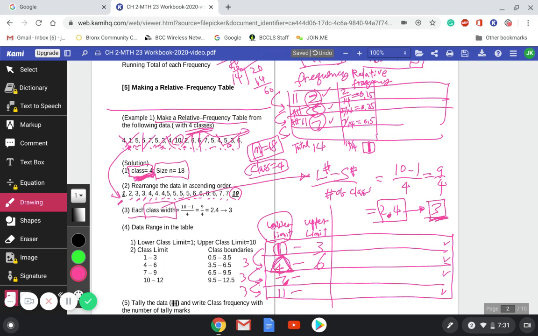So any data 1 to 3 belongs to the first class, and any data from 4 to 6 belongs to the second class, and that was 7, right? And this should be 10. Okay. And usually the very last upper limit would be either belongs to here or there. Okay.